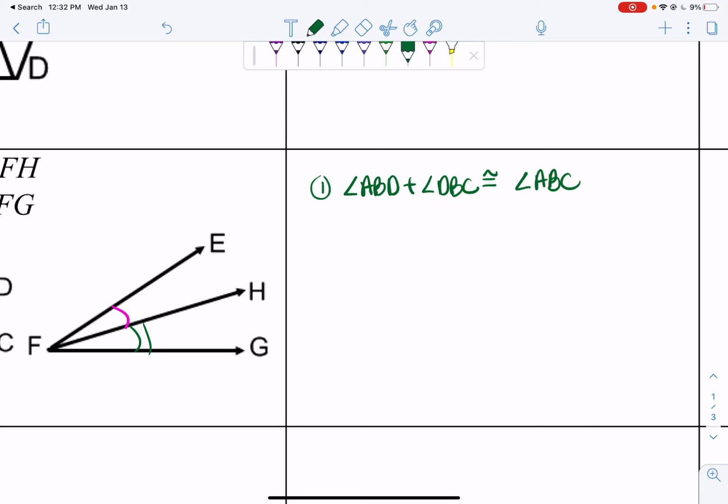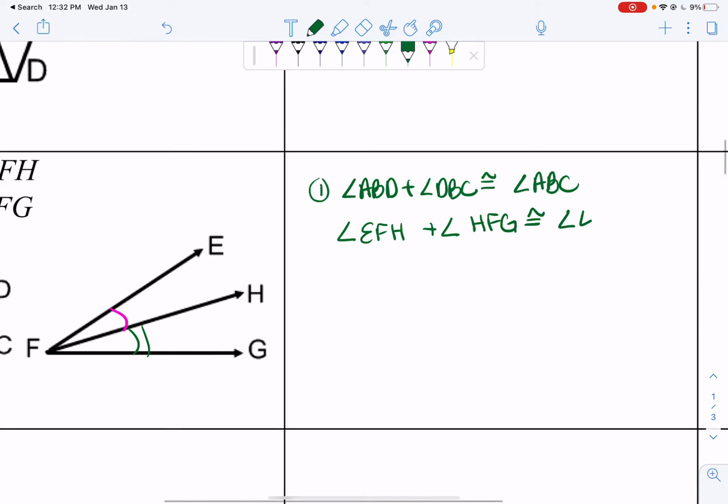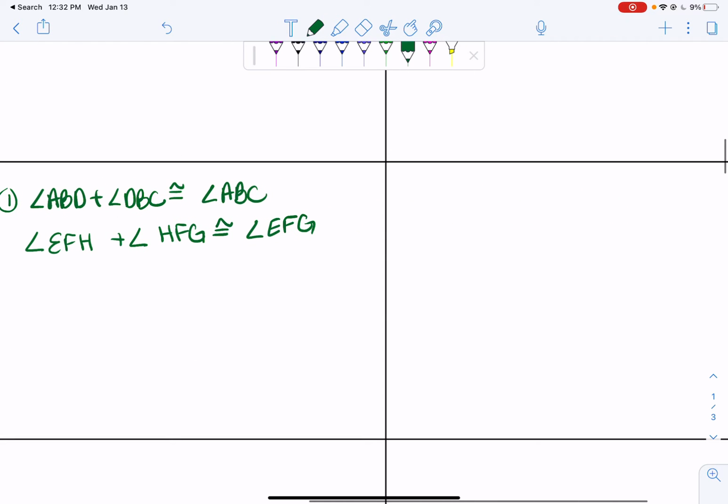And I can do the same thing with this visual to the right. I can say angle EFH plus angle HFG is congruent to my whole of angle EFG. And I did that by going from small to big to make addition. So this will be my addition step.